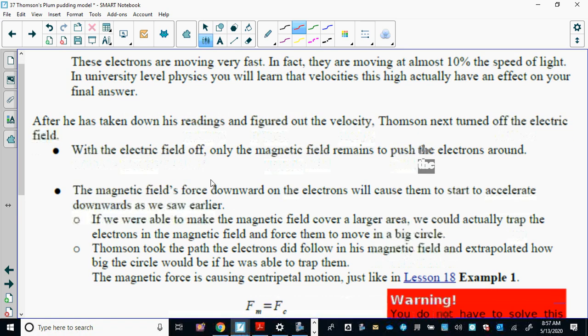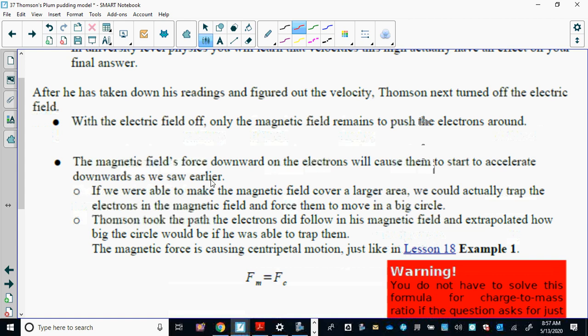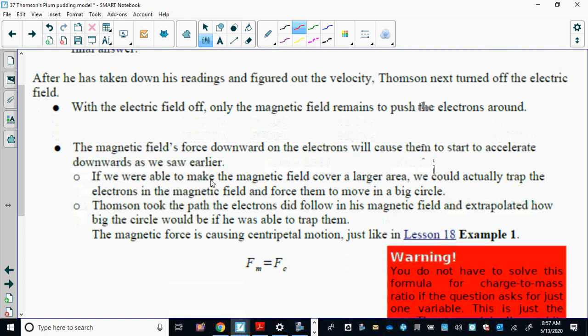Okay, now you've got electrons that have a specific velocity, and this is what Thomson did next. And this is why Thomson was a really smart guy. He turned off the electric field, so you've got electrons going at a very specific velocity, and now they're going into a magnetic field only.